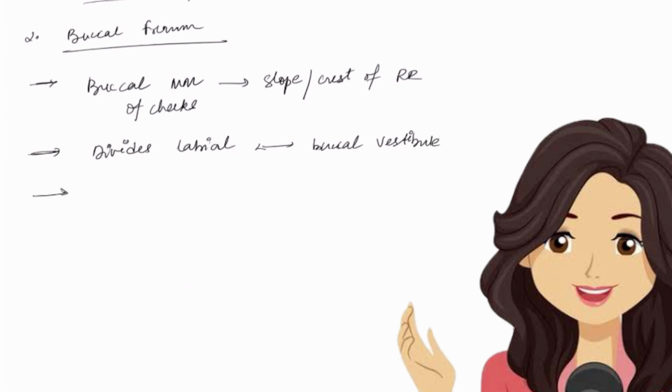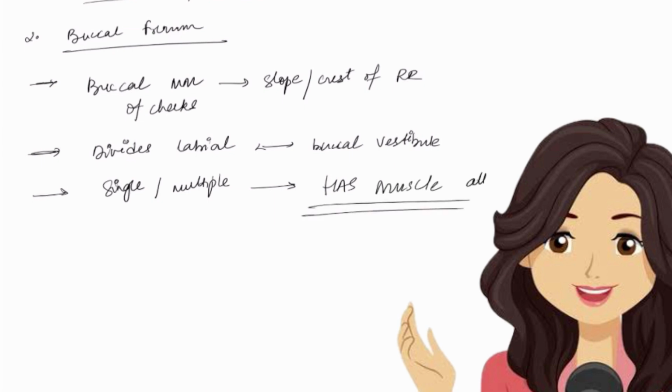What is a very important point here is that it could be single, it could be multiple also. So you could find multiple folds of buccal frenum, right? But the most important point is it has muscle attachments. What are the muscle attachments that are present here?